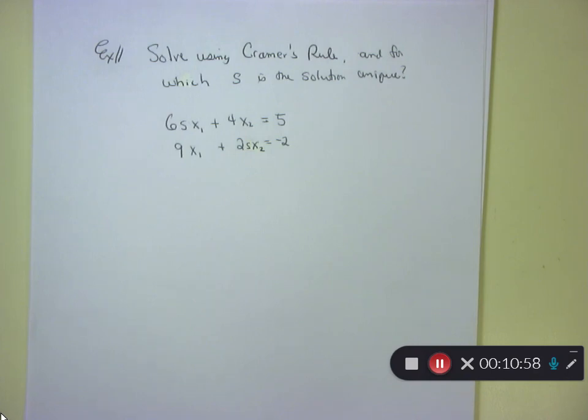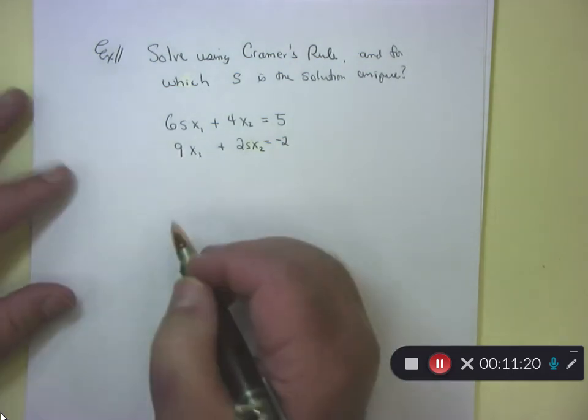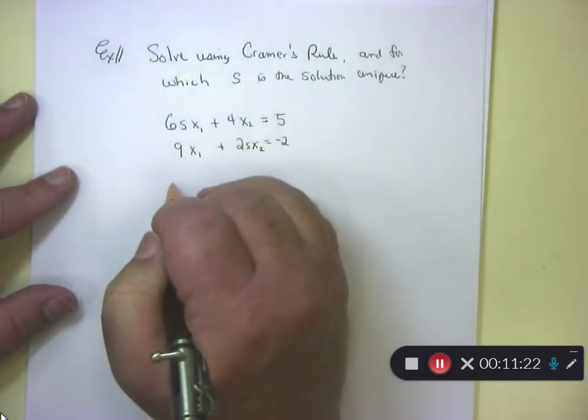So, solving this thing using Cramer's rule so we can figure out which S will actually make the solution unique. So, I've got 6s times x1 plus 4x2 equals 5. I got 9x1 plus 2s times x2 equals -2. Okay? So, if I'm going to solve this thing using Cramer's rule, again, I'm going to write it as a matrix equation.